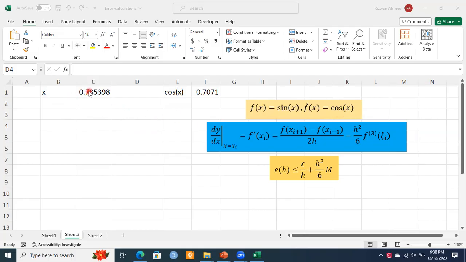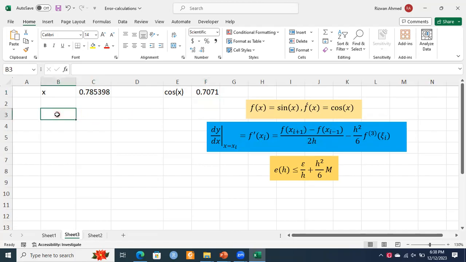Here I have chosen the point pi by 4, and its derivative is cosine of pi by 4. It is 0.7071. Here is the numerical derivative approximation from the midpoint formula.